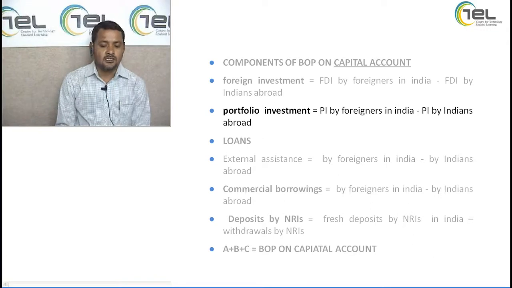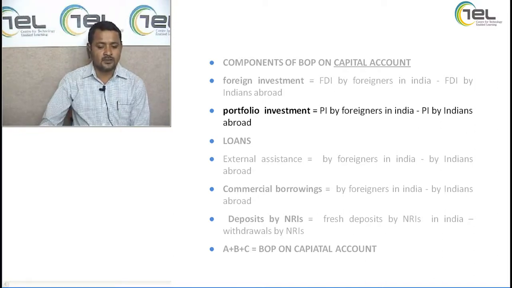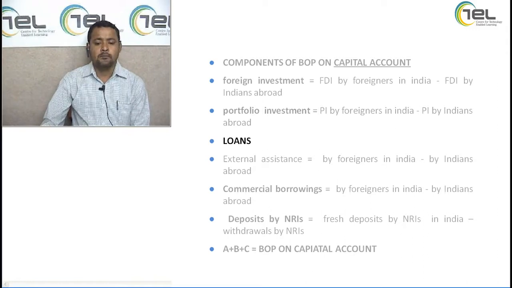External assistance by foreigners in India and by Indians abroad. Commercial borrowings by foreigners in India and by Indians abroad. Deposits by NRIs, fresh deposits by NRIs in India minus withdrawal. So foreign investment is point A, portfolio is point B, and loans is point C. By adding all the three, A plus B plus C, we calculate balance of payment on capital account.